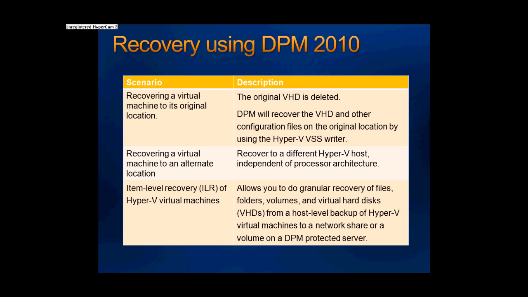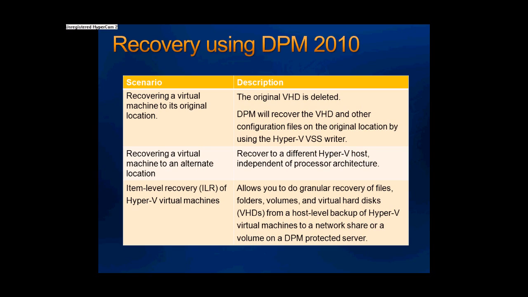You can use DPM 2010 to recover this VHD and also the configuration files back to their original location by using the Hyper-V VSS writer. Secondly, besides recovering to the original location, you can also recover the virtual machines to another location which is running on Hyper-V machines.